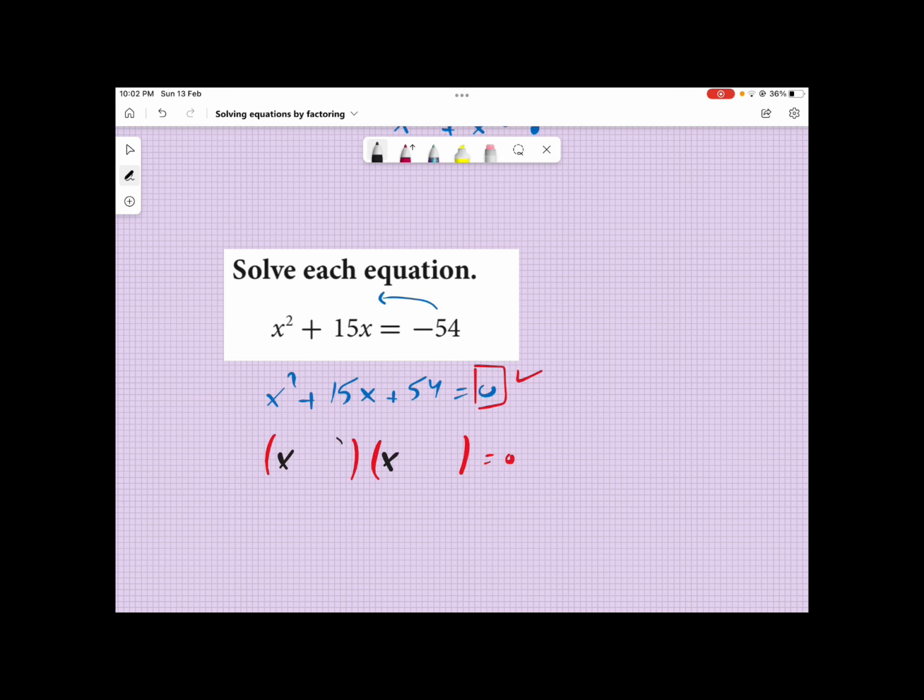How do we get the numbers here? It depends on the fact that the last number, which is 54, is the product, and the middle number here, the coefficient of x, is the sum.